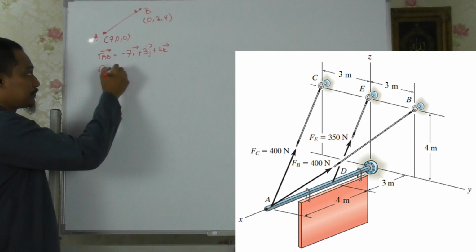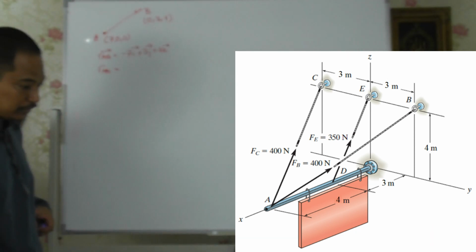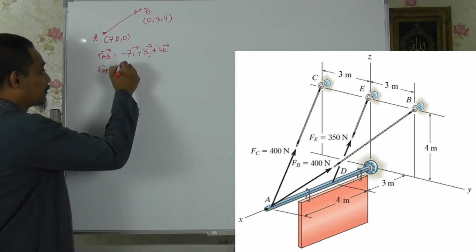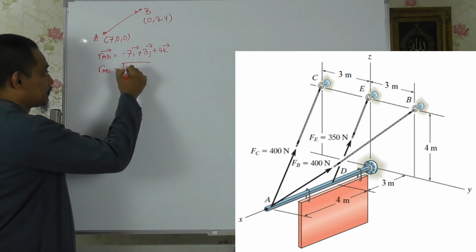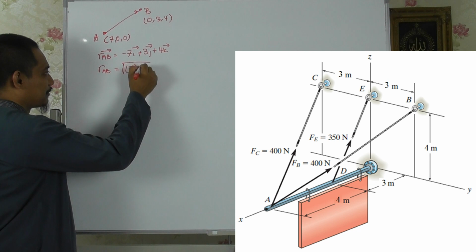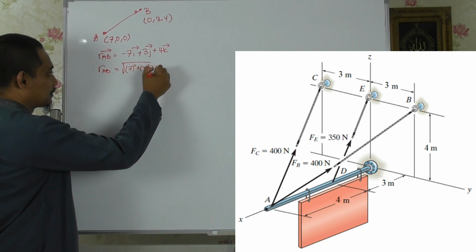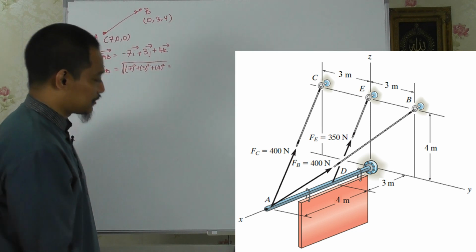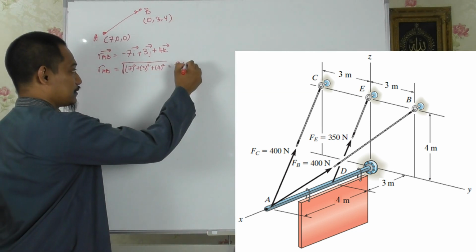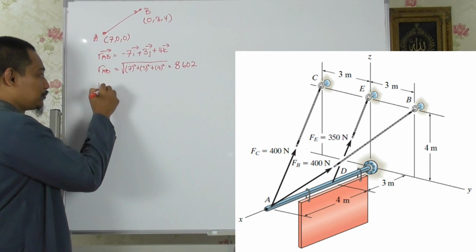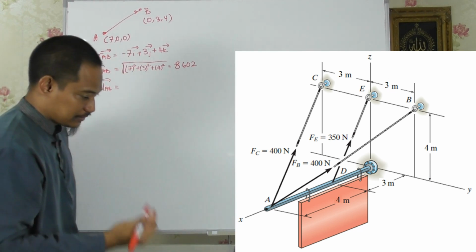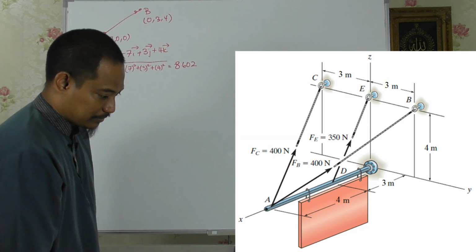For the magnitude RAB, I think you know what to do. The square root of 7 squared plus 3 squared plus 4 squared gives 8.602. So UAB is just the vector divided by this magnitude, so you get decimal numbers as well.